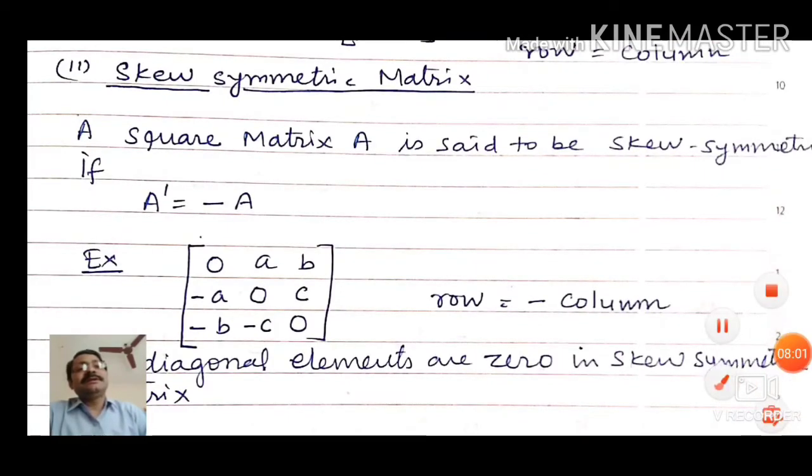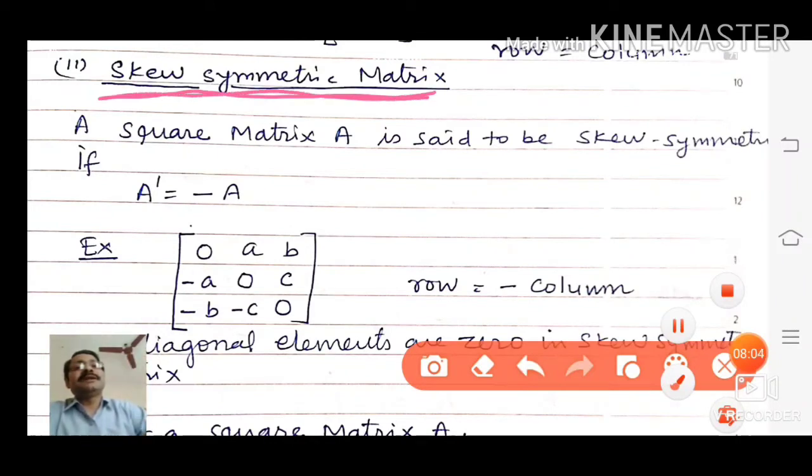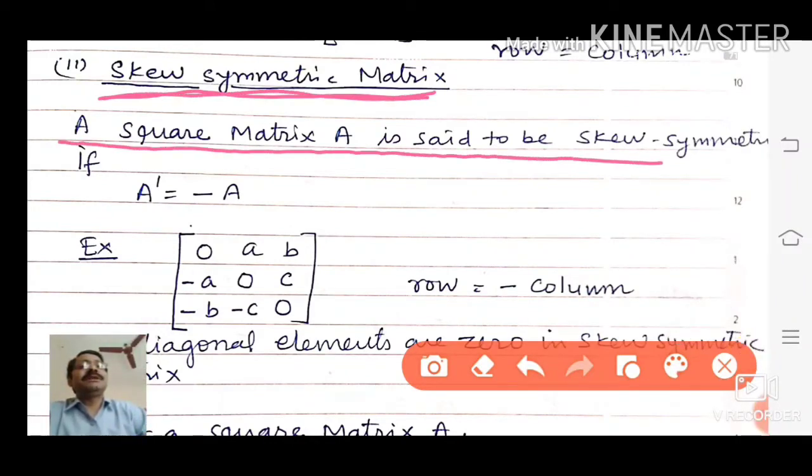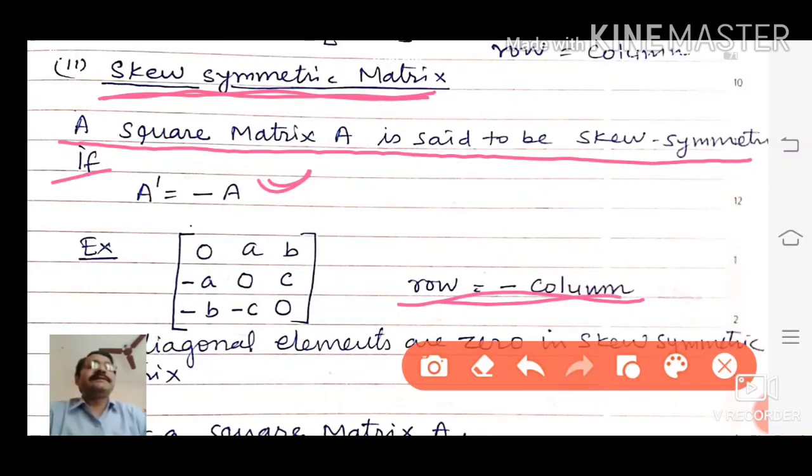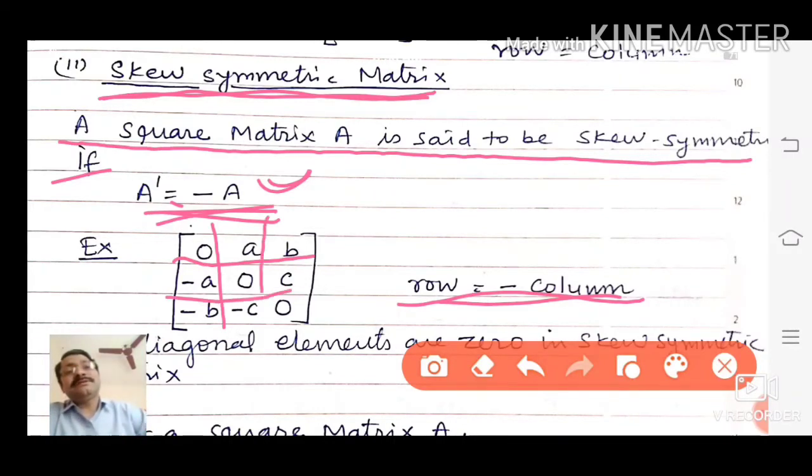Second, we have the skew symmetric matrix. What is a skew symmetric matrix? A square matrix A is said to be skew symmetric if A transpose equals minus A. It means if you do the transpose, the sign changes to negative. The first row and first column differ by a minus sign, the second row and second column differ by a minus, and the third row and third column differ by a minus.